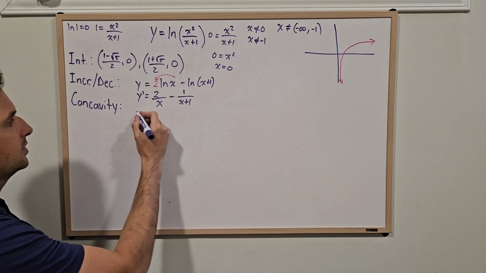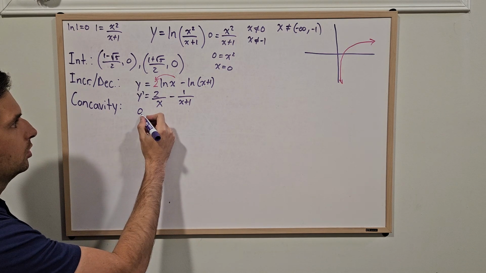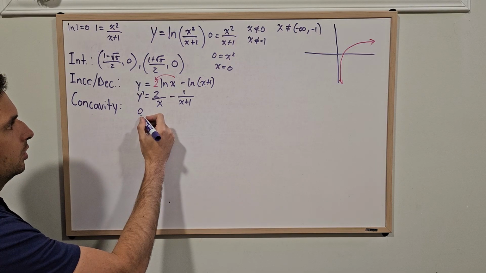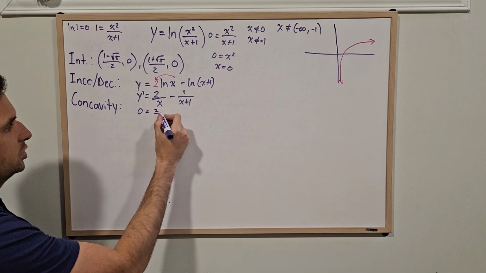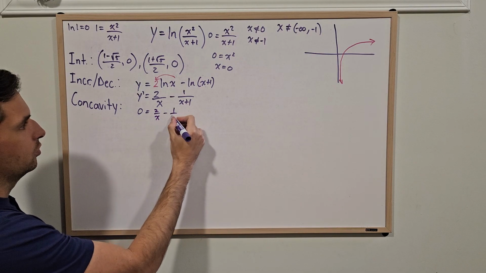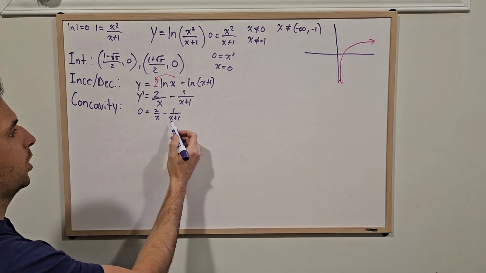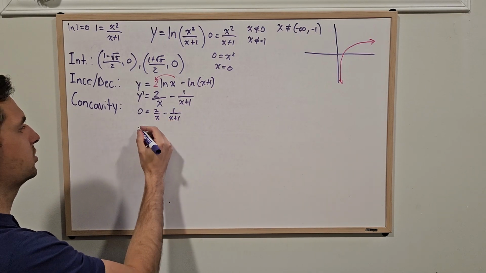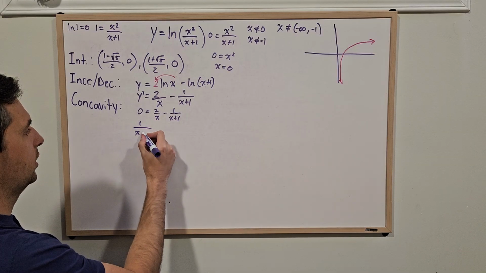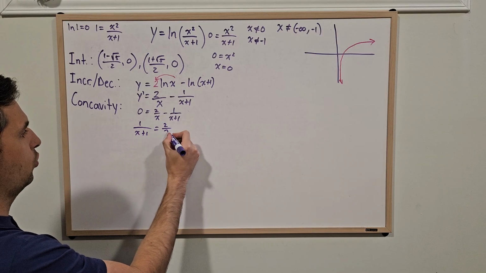Now, setting this equal to 0, we have 0 equals 2 over x minus 1 over x plus 1. Moving my 1 over x plus 1 to the other side, I have 1 over x plus 1 equal to 2 over x.